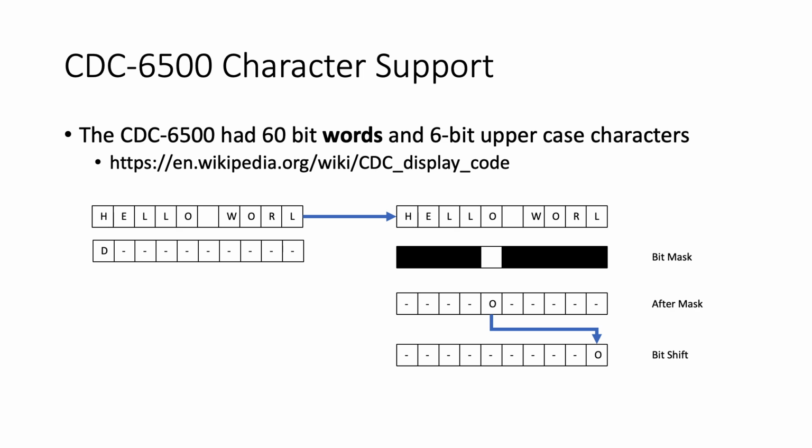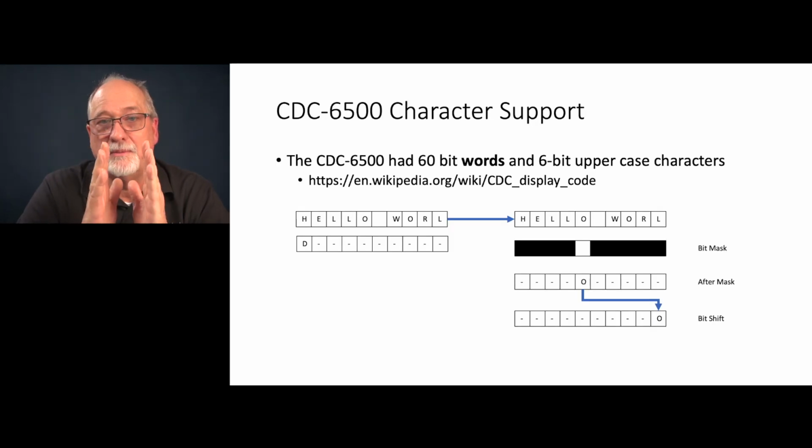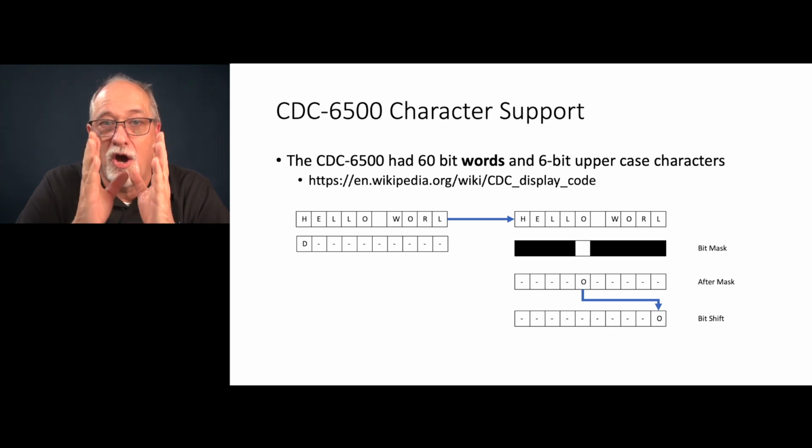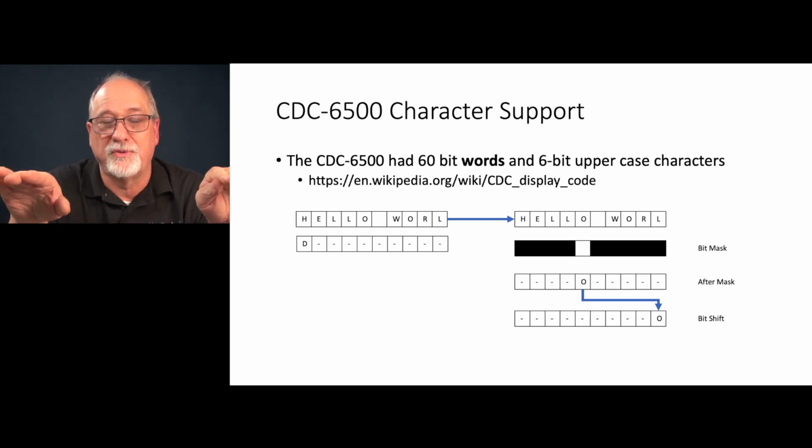And if I wanted to know what the 5th character of this 2-word string was, like the O, for example, you would create a mask. In that mask, you would have zeros where you wanted to get rid of stuff and ones where you wanted to copy stuff. So you would take hello world and run it through this mask with the bits in the right position, and then you would get the O and all zeros in the rest of the word.